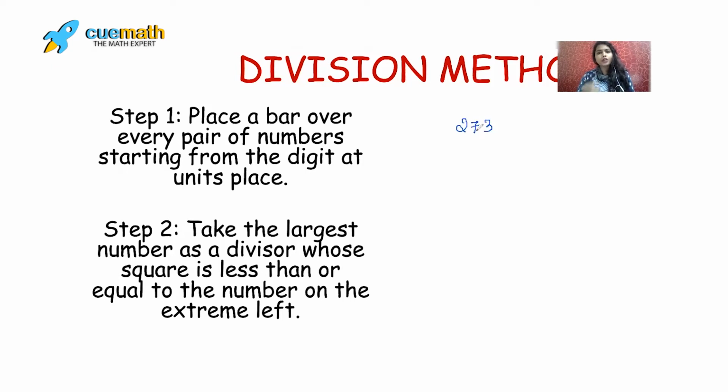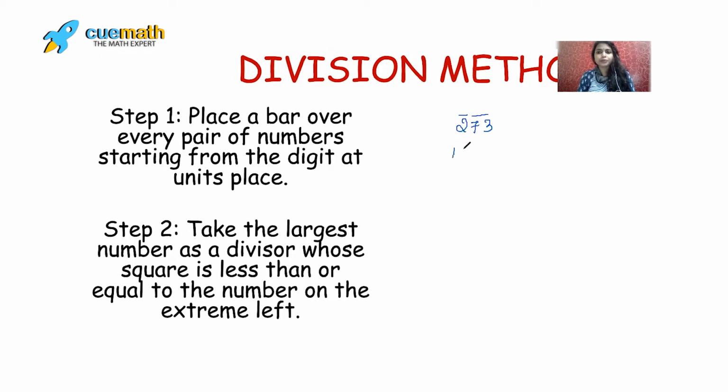Look at this. Place a bar over every pair of numbers starting from the units place. So this is the units place, and I'm going to place a bar over the pair, and again for 2 I have to place a bar. If I take a 3-digit number, this is how we have to place the bars.